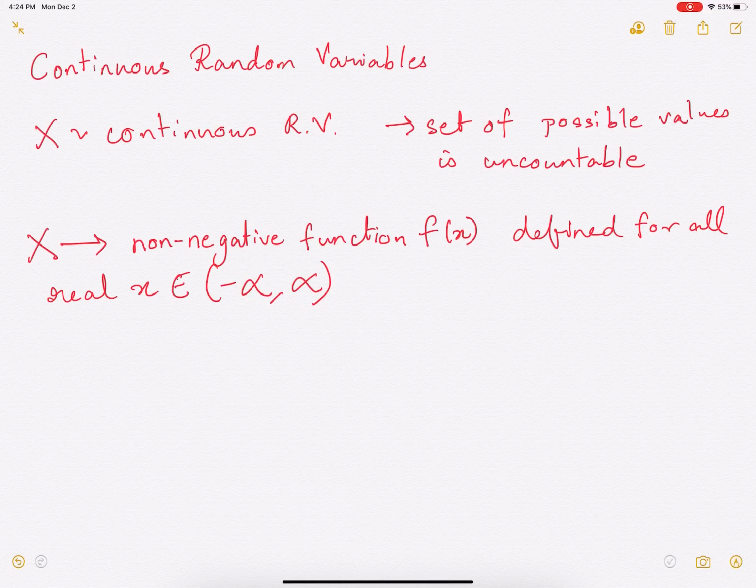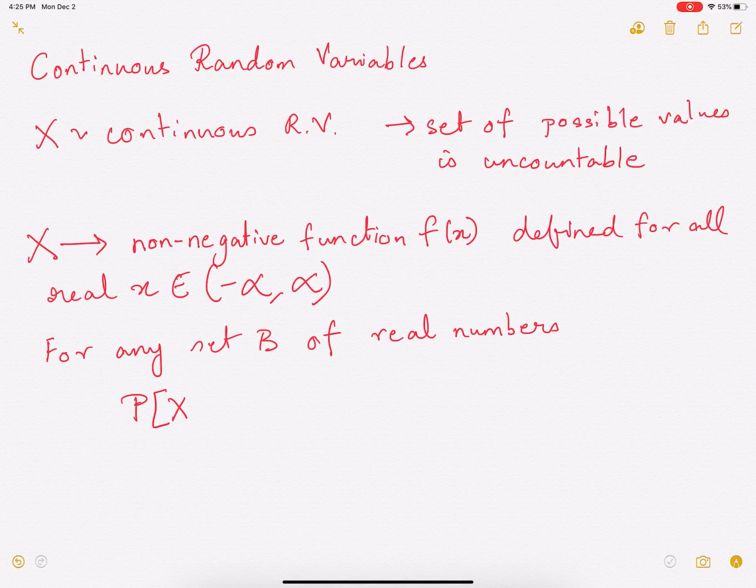Okay, and if you take any set B of real numbers, that is, you look at some set of numbers, say maybe between -3 and 5, that's a set of real numbers. We will have this thing defined. That's what we'll call the probability.